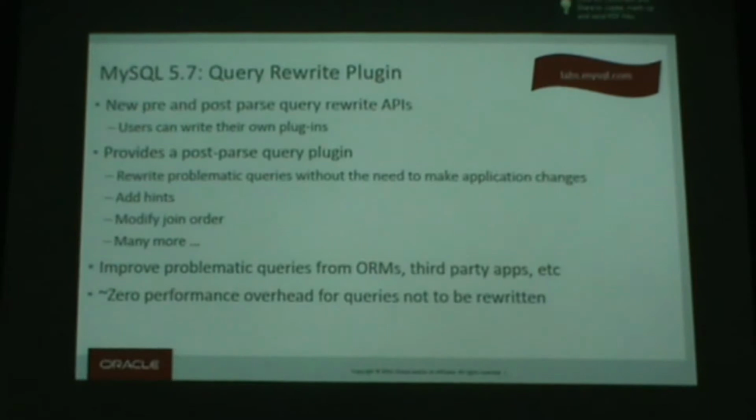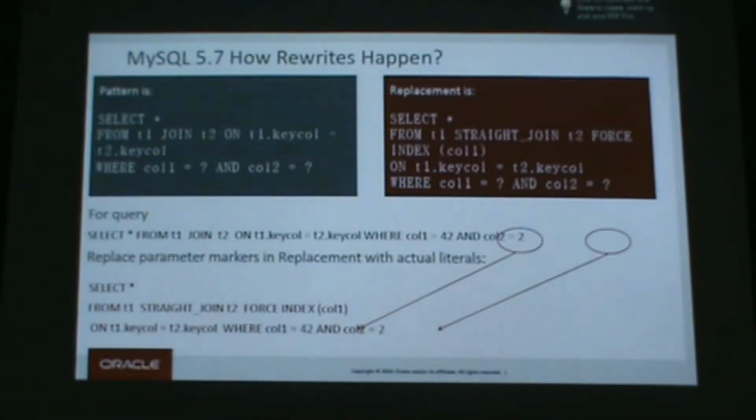The user can give this instruction to the plugin, and then the plugin will take care of comparing the queries. Whenever a query comes, it compares, and then it replaces it with a pattern that the user has given. So this is done now, and you can add hints, or modify the join order, anything.